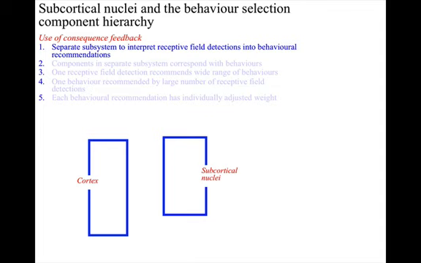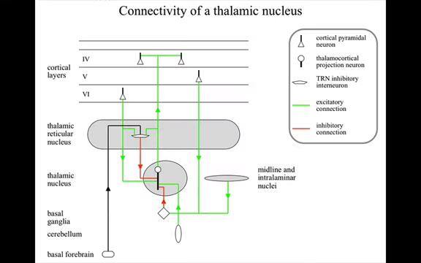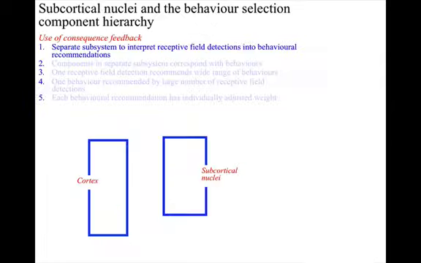The simpler pattern of connectivity can be seen, for example, in the thalamus, where each thalamic nucleus communicates with a different cortical area via its own region of the TRN, and the very specific paths between cortex layers and thalamic nuclei, plus the precisely targeted connectivity between the various subcortical structures, and on an even more detailed level, the striking pattern of connectivity between the nuclei of the basal ganglia. All this is in contrast with the much less structured pattern of connectivity within the cortex.